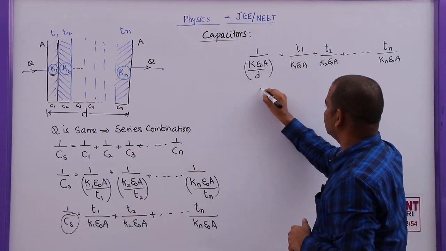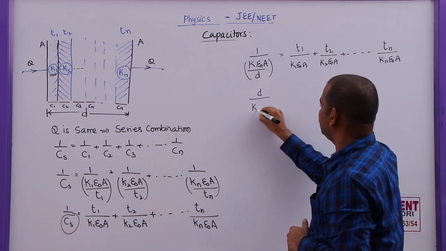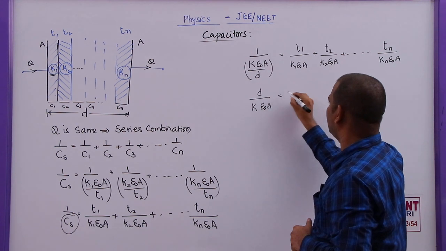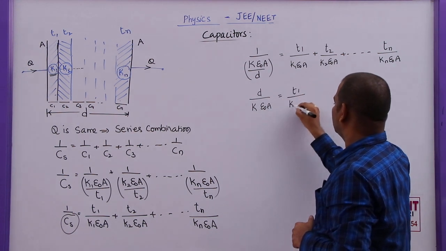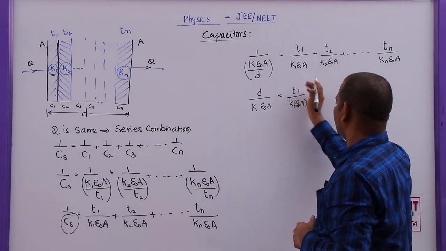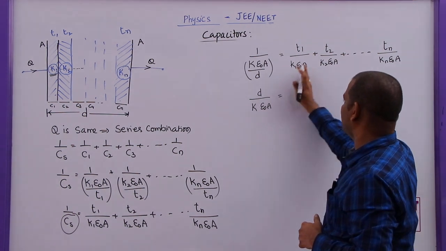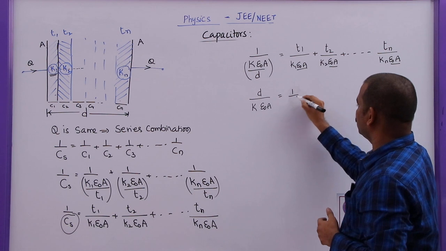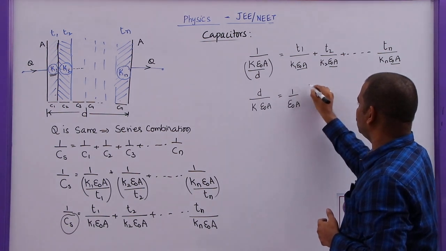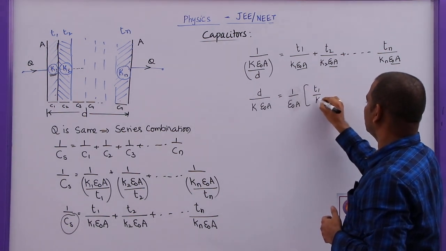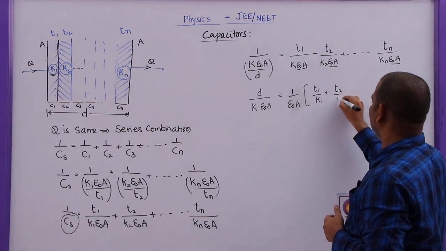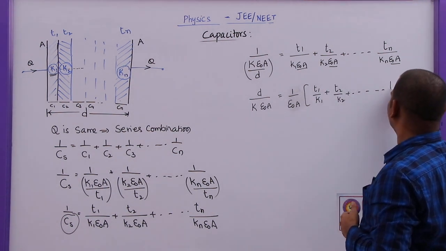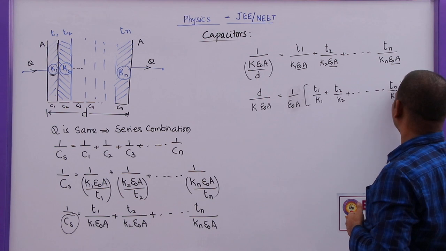So you can interchange this, that means you can write this as d by K epsilon naught A is equal to, let me write epsilon naught A common here, because in each and every term we have epsilon naught A. So, I am going to write this as epsilon naught A times T1 by K1, T2 by K2, Tn by Kn.